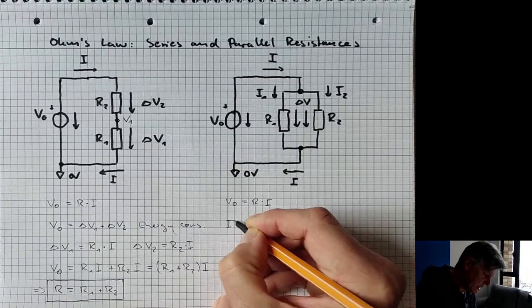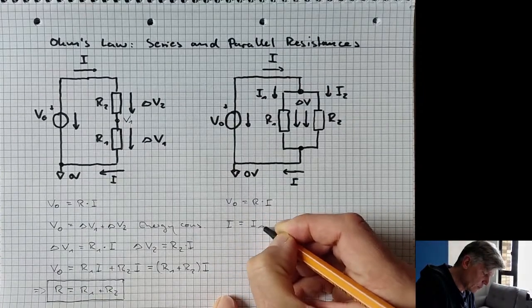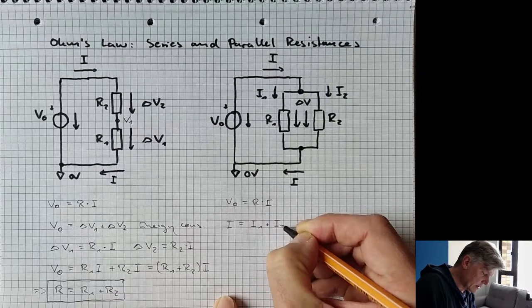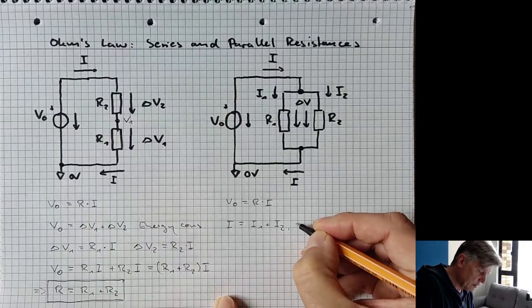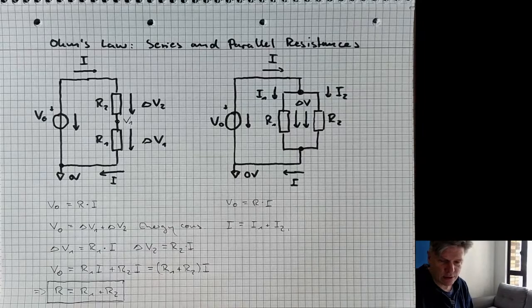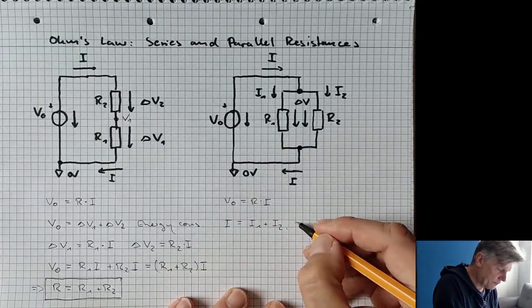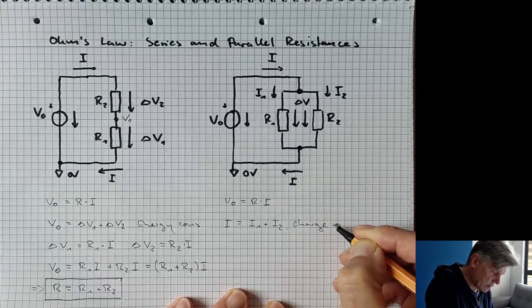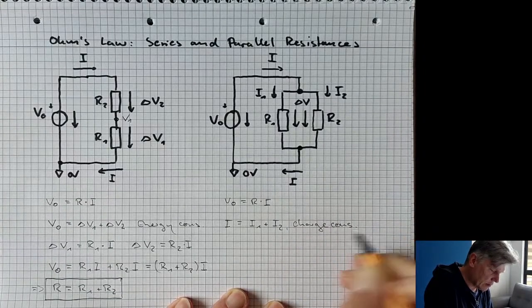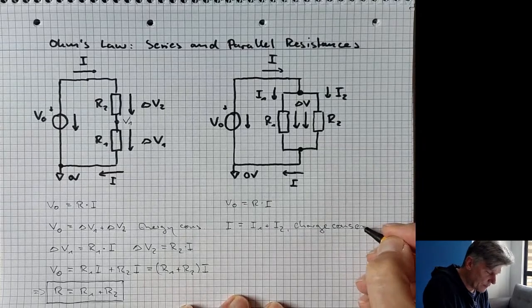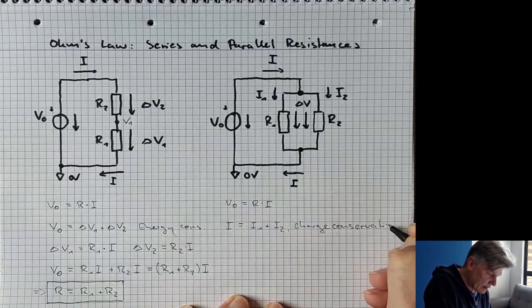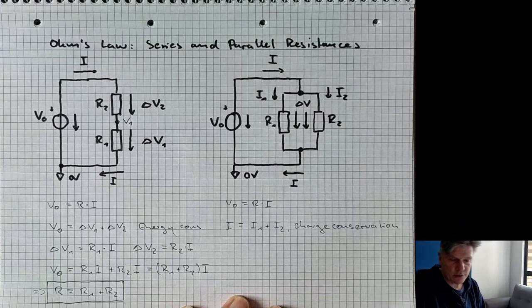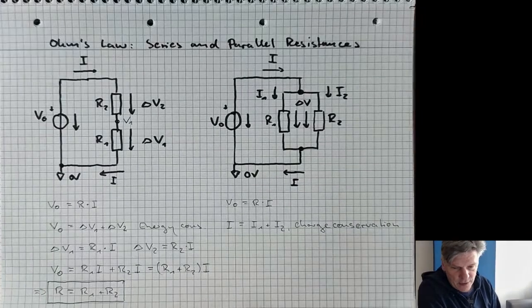So I is I1 plus I2. This is the continuity equation of charges, right? Your conservation of charges. We call this a continuity or a conservation equation, right?